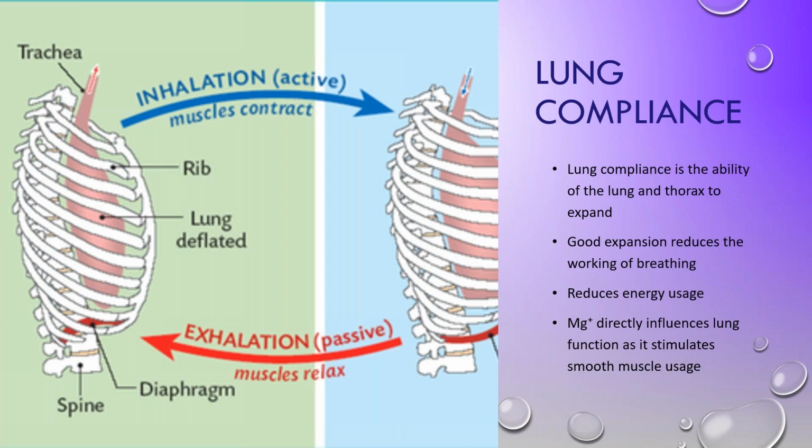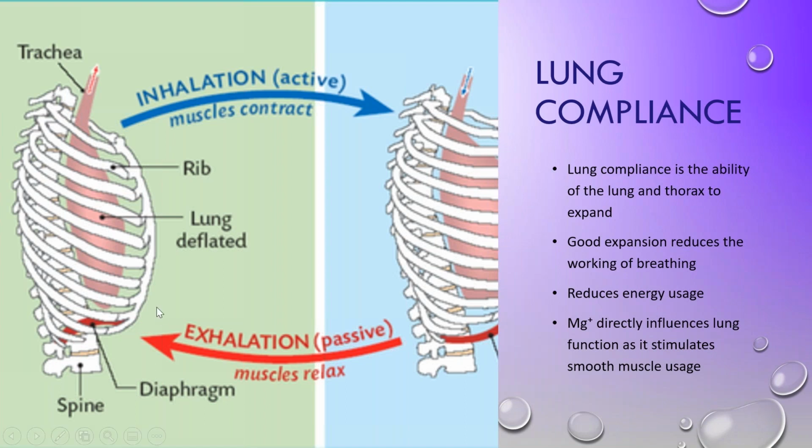If there's an error somewhere in there, it's problematic. So if ribs have been broken, we're not going to get decent inhalation. If there's a hole in the diaphragm and we've got an intestine sitting here, we are also not going to get decent expansion.